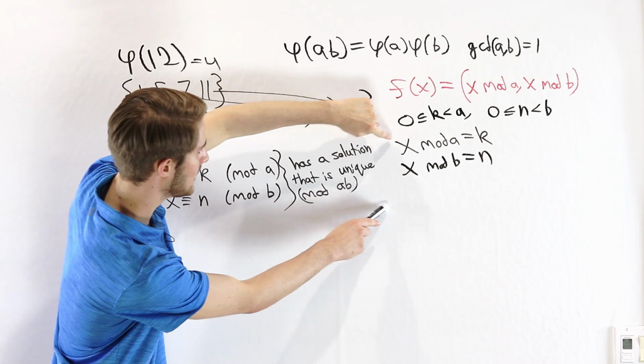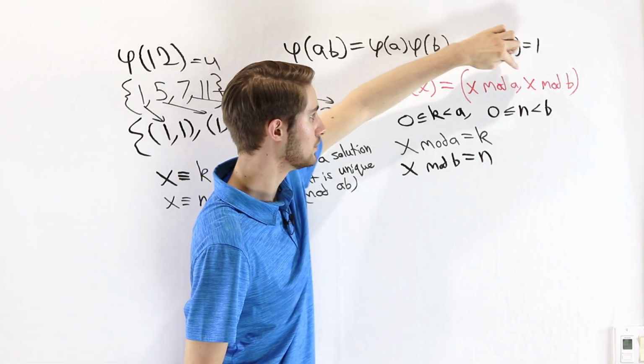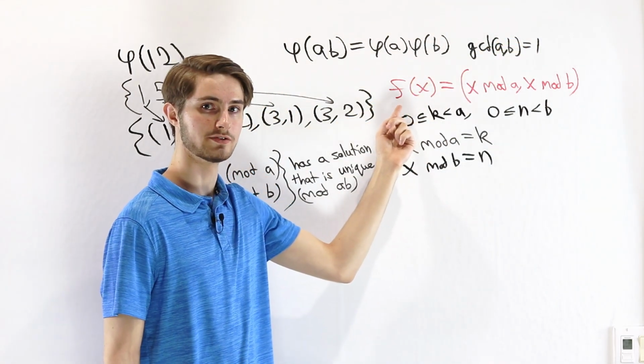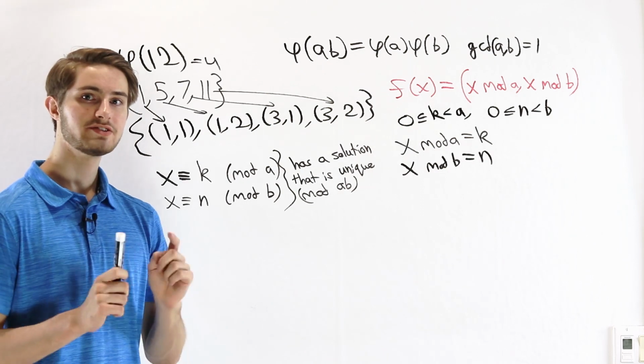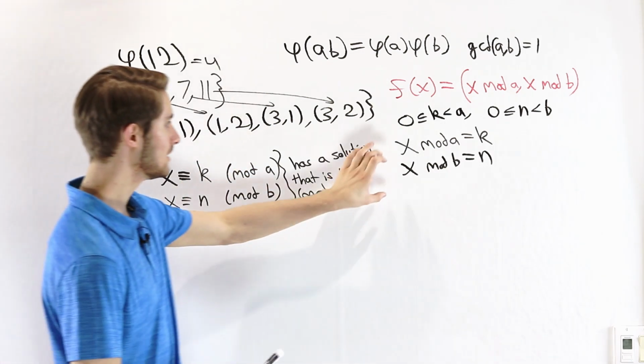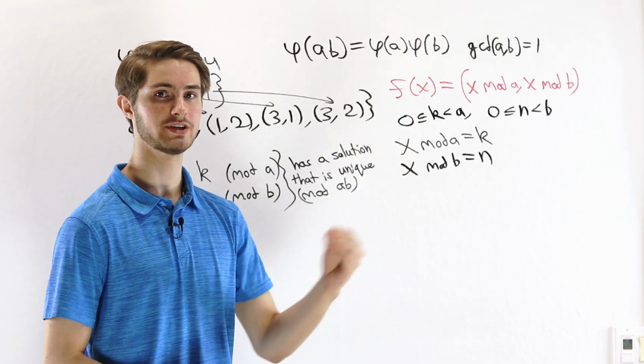Now notice, x mod A and x mod B, those are the two numbers in the ordered pair of our function. So let's take a step back, remember what we're trying to show, and see how we can use this information to get to that final step.